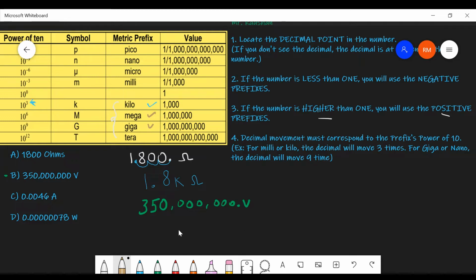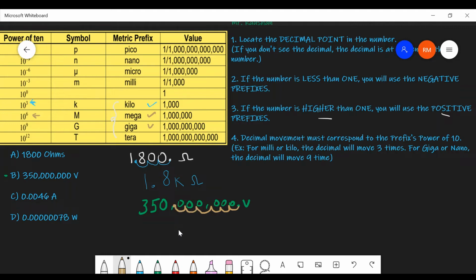So how many times do you move the decimal? 3 times? 6 times? 9 times? Well, for mega, the number is 6, so you have to move it 6 times. We start over here at the decimal point and move it 6 times to the left: 3 places, 4 places, 5 places, and then 6 places.